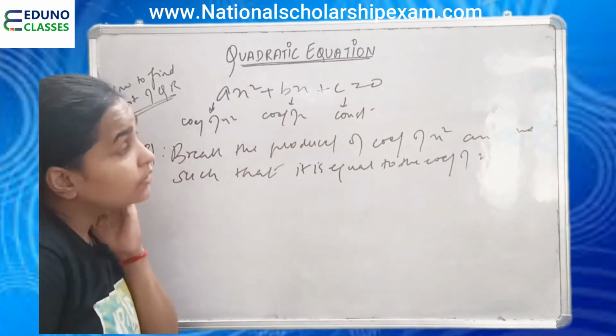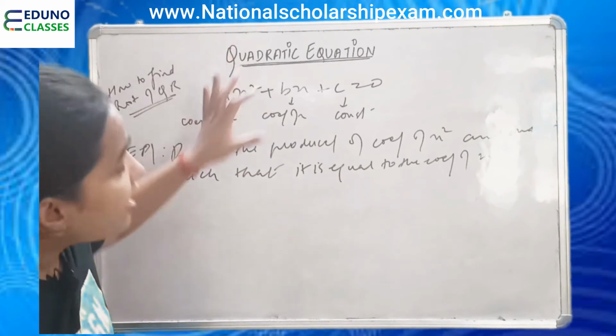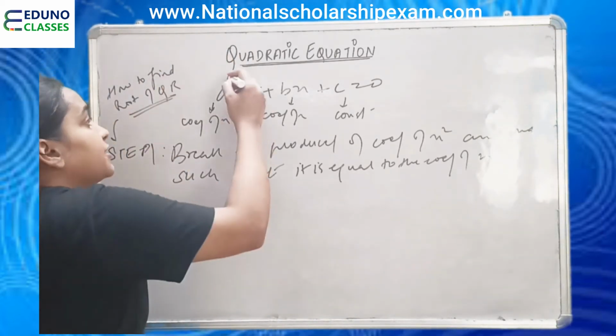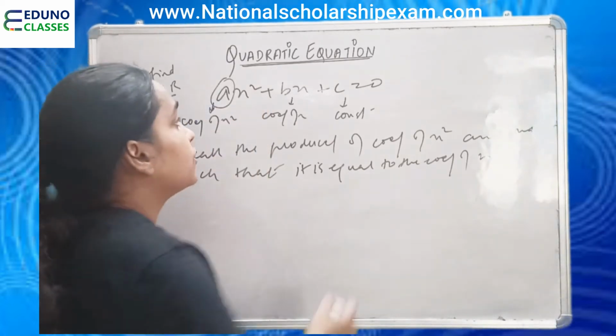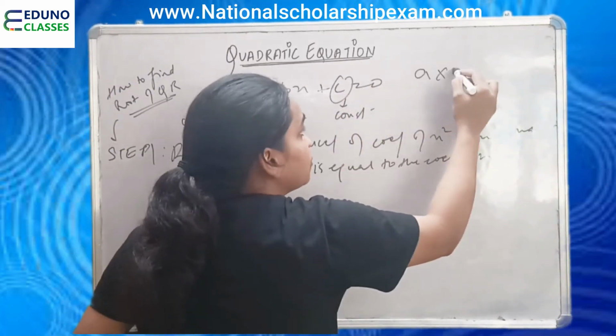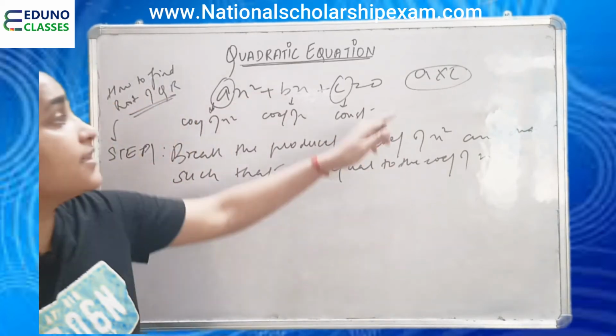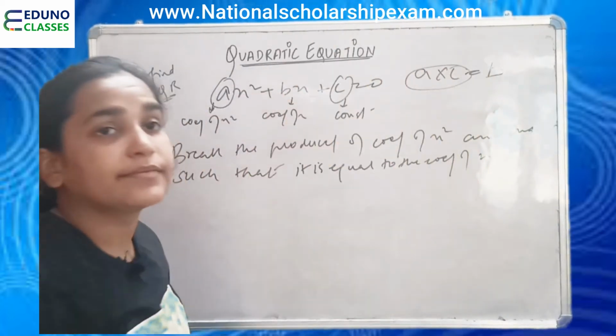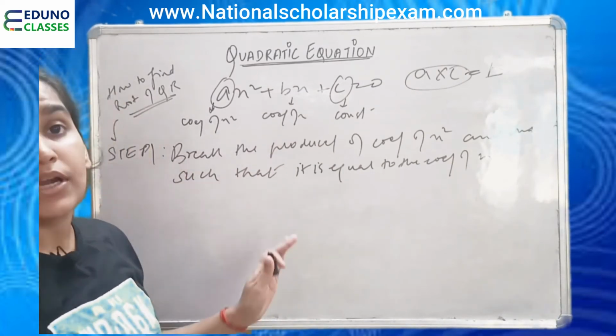Now let me tell you in this equation. I have to break the product of the coefficient of x square, which here is a, and the constant c, that is a into c. I have to break this a into c such that it is equal to b. Okay, this is what I want.